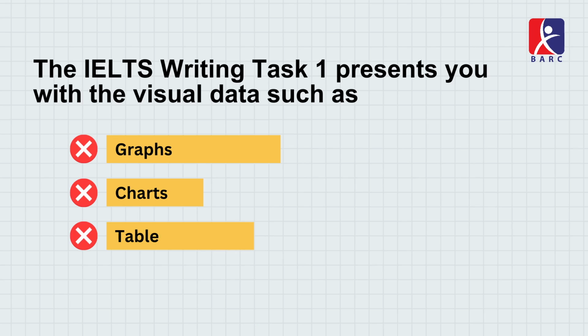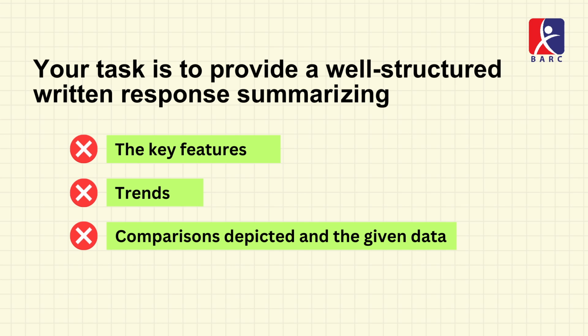The IELTS Writing Task 1 presents you with visual data, such as graphs, charts, or tables. And your task is to provide a well-structured written response summarizing the key features, trends, and comparisons depicted in the given data.